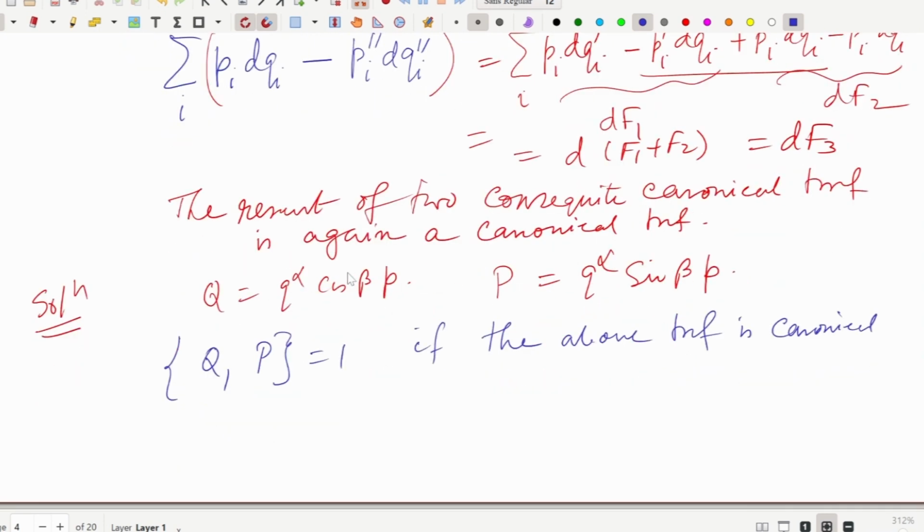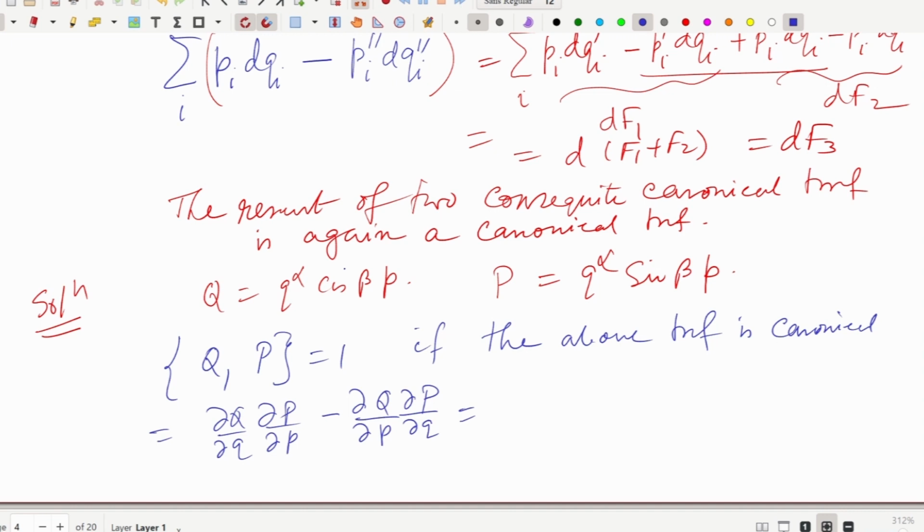Okay. So now let us calculate this Poisson bracket. This Poisson bracket is del Q by del q times del P by del p minus del Q by del p times del P by del q.